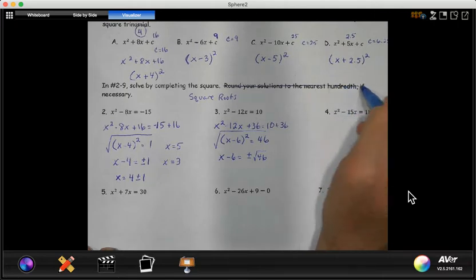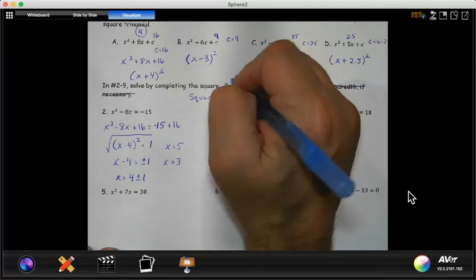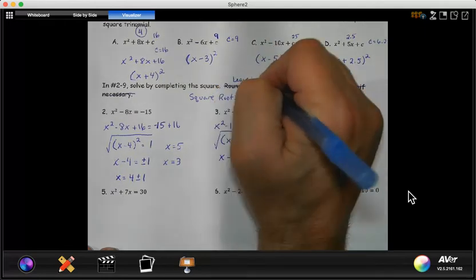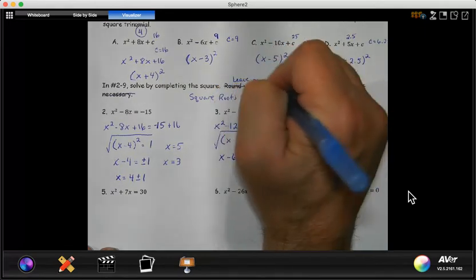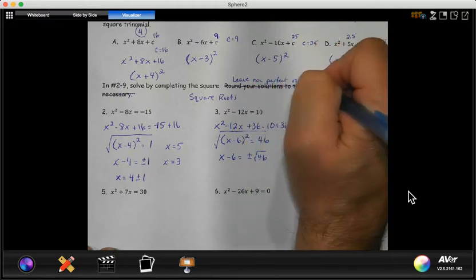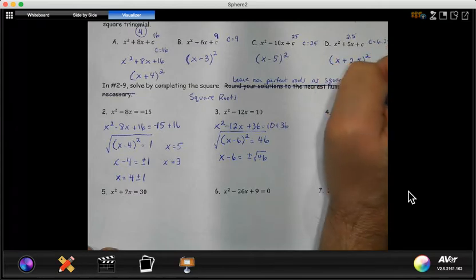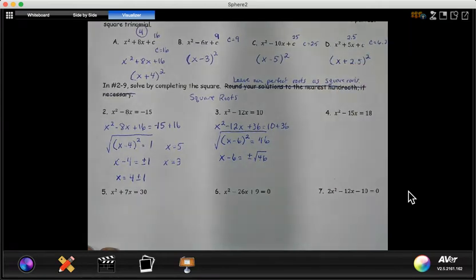This is how I would want to teach it. I want you to leave your square roots. So we're going to leave non-perfect roots as square roots. Okay? Basically, don't break it down because it's not a perfect square.